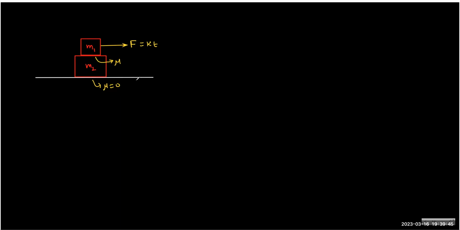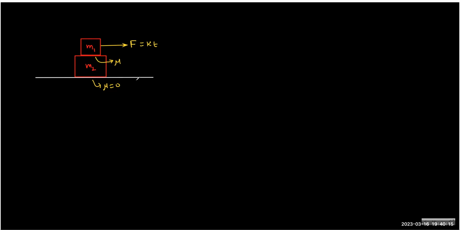So F is called the driving force. Can you tell me the driving force will drive which block? M1, sir. So if I assume there is no friction anywhere else, then how M1 will move, right or left? Right. Very good.